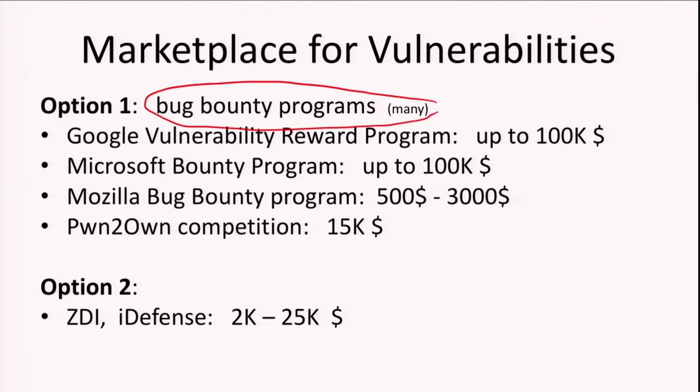If you find a vulnerability in one of their products and you report it, then depending on the vulnerability and the risk that it poses, you will get various amounts of money. For example, in Google's vulnerability reward program, you can make up to $100,000. Microsoft is similar, $100,000. Mozilla's bug bounty program is a little less, $500 to $3,000. And there are also competitions where you can make money. So this is actually a good place for white hat hackers.